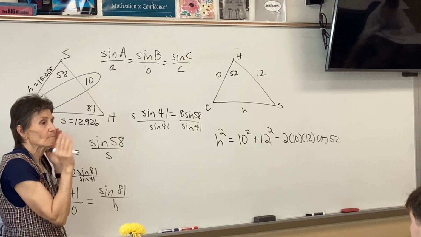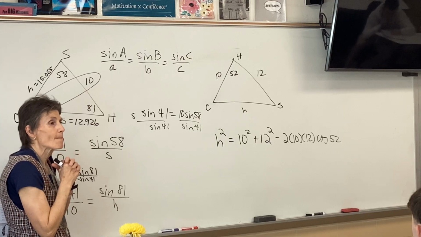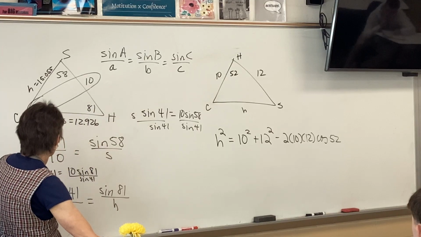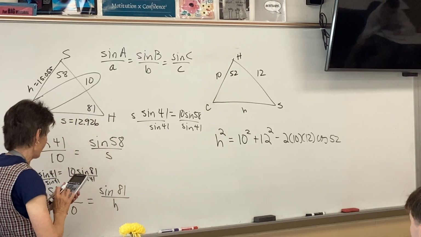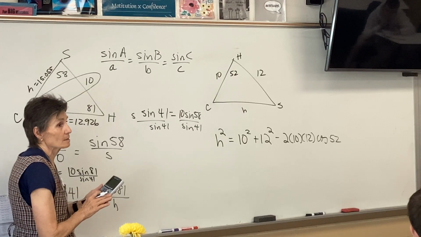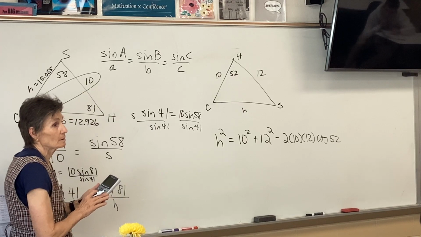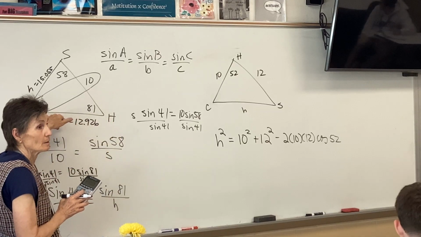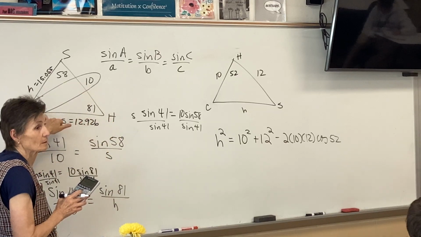It's really easy. Celeste? For the problem before, did you just divide 10 sine 58 by sine 41? I think I did. Because I got like negative 62. Are you in degrees or radians? I should be. No, we're in degrees. These are all degree measures.